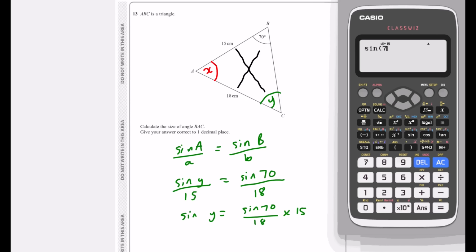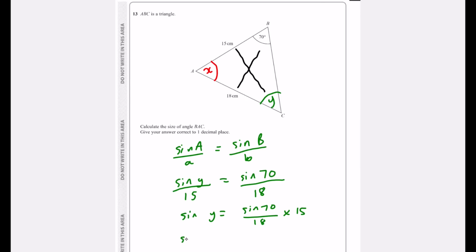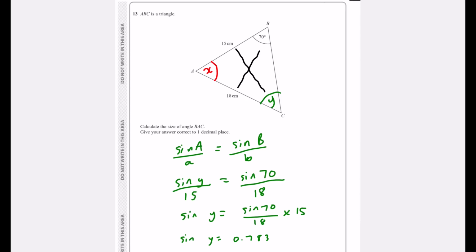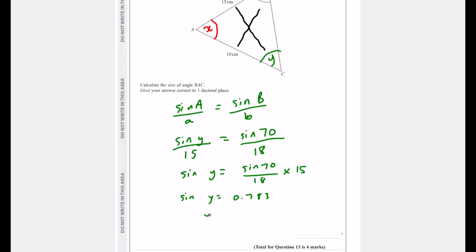So sine 70 over 18 times 15 to get 0.783. To get Y by itself, to get rid of the sine, the opposite of sine, the inverse of sine, is shift sine. So shift sine the answer, we get 51.54.